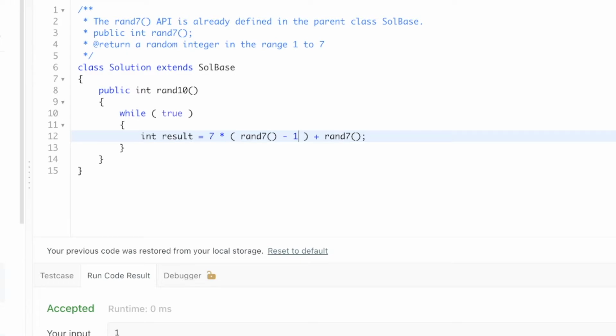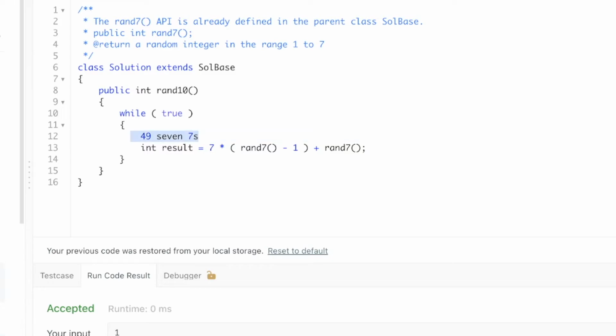So what's going on here? Rand7 gives me a number between 1 and 7, and I subtract 1, so this whole part gives me a number between 0 and 6, which means I'm generating between 0 and 6 sevens. In the number 49, there are 7 sevens, right?